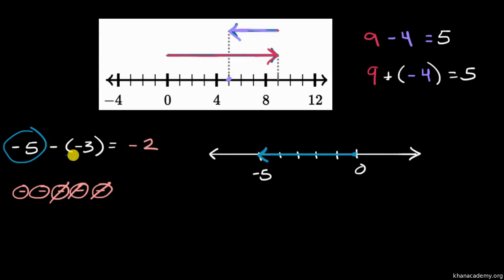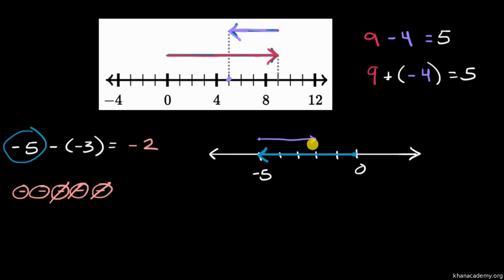And I know when I subtract negative 3, I'm going to end up at negative 2. So let me do this in a different color. I'm going to end up right over here. So subtracting negative 3 needs to be the same thing as moving 3 units to the right. If I was adding negative 3, I'd go 3 units to the left, but subtracting negative 3 must be the same thing as going 3 units to the right.